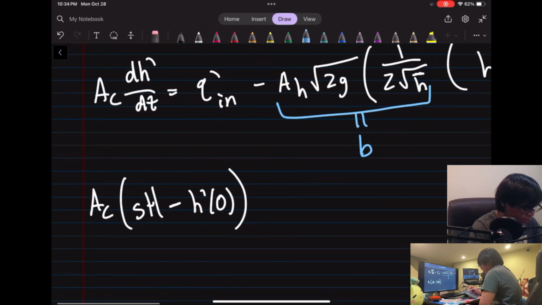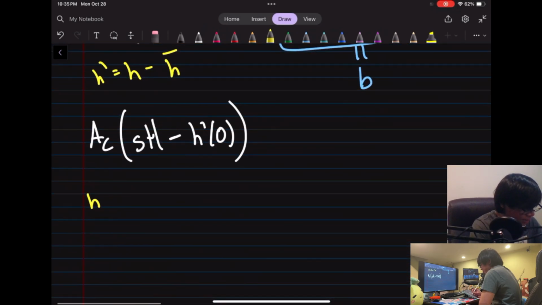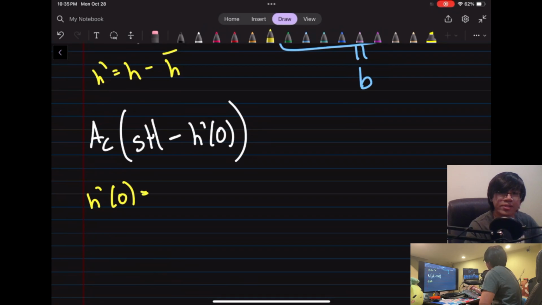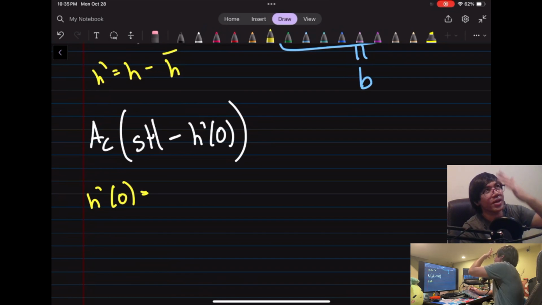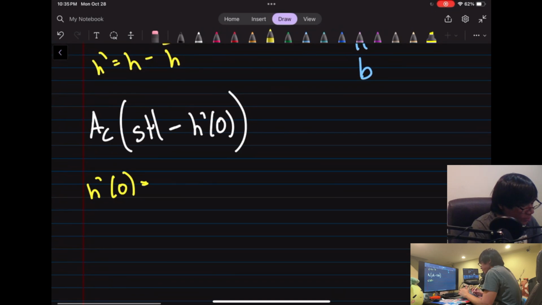Well, remember h prime. Well, what is h prime? It is equal to h minus h bar. Well, h prime at 0 is essentially just saying that this h prime at 0 is the initial value, steady state, since remember we're doing this as a deviation variable from our initial values. Essentially, we're doing h bar minus h bar, and that's just 0.